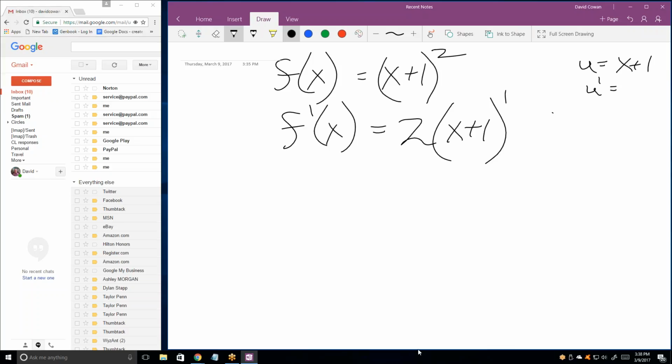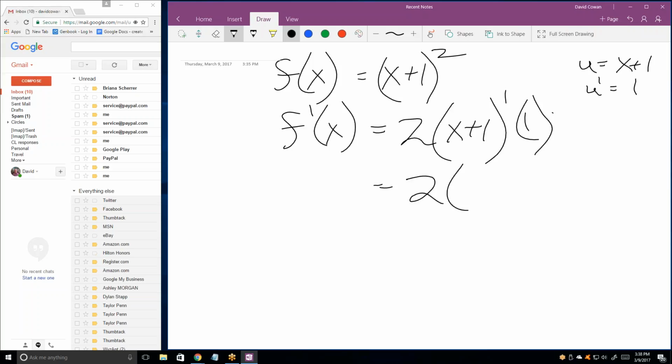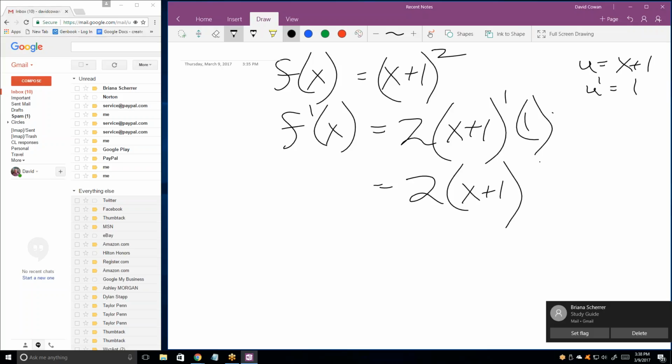X... 1. Oh, 1. Just 1. In other words, when you take the derivative of u, you get 1. So the derivative of the inside is 1. That's why I say that this is using the chain rule, but just barely, because the derivative of the inside is 1. So there's your answer.